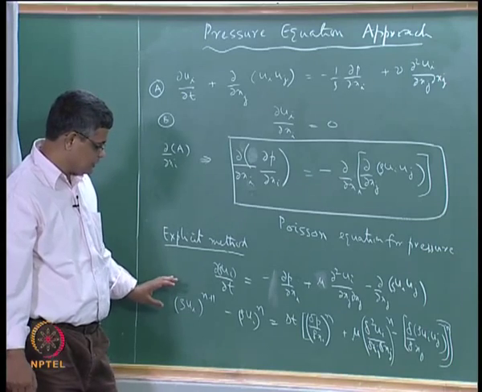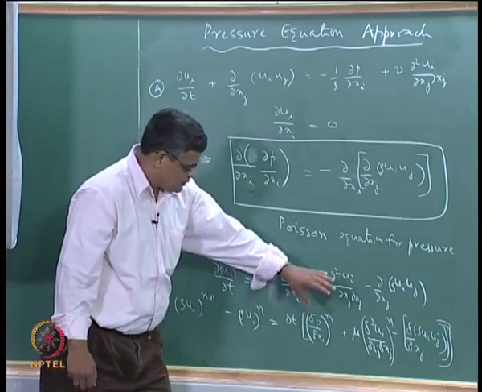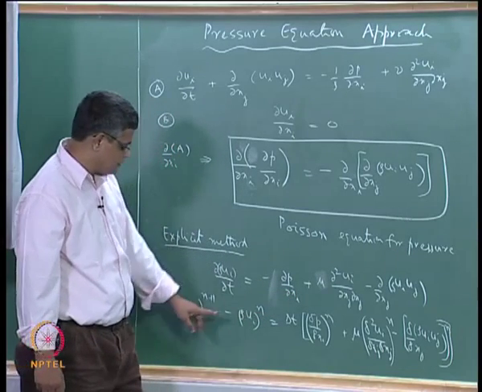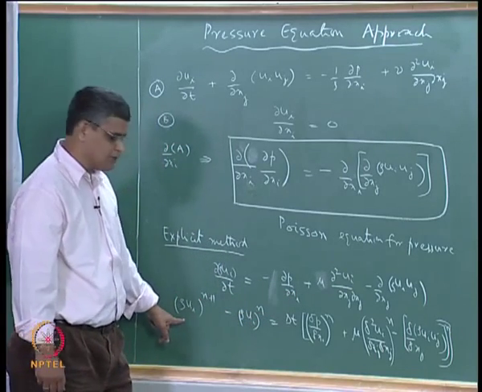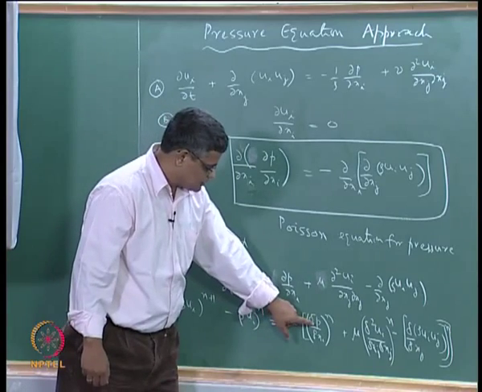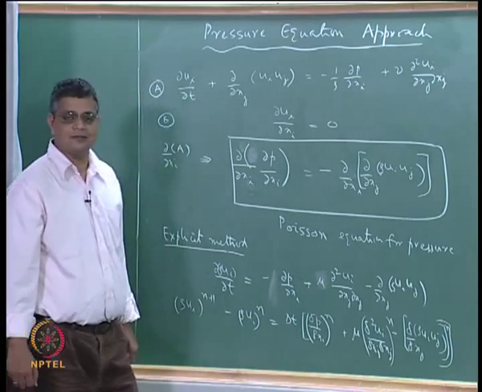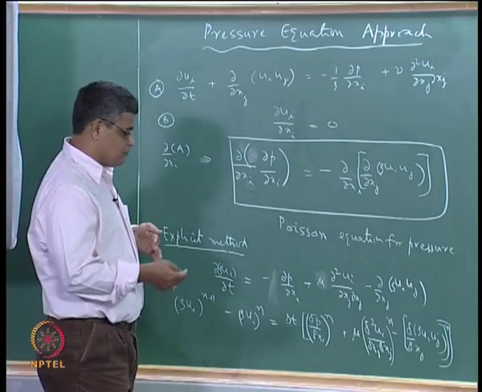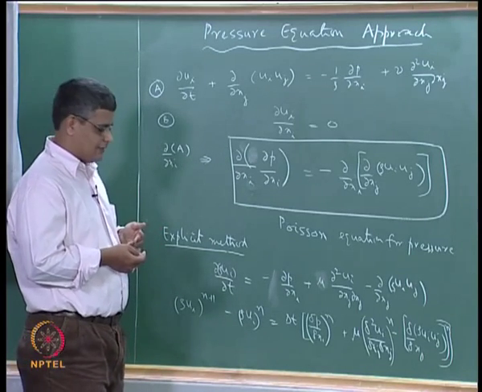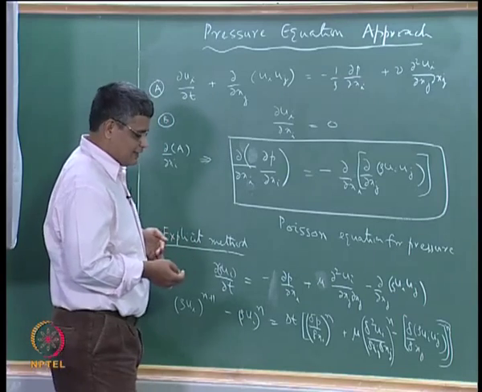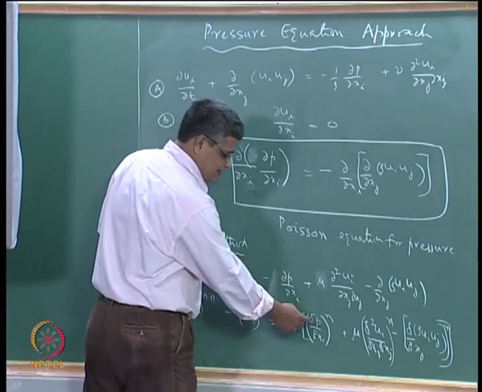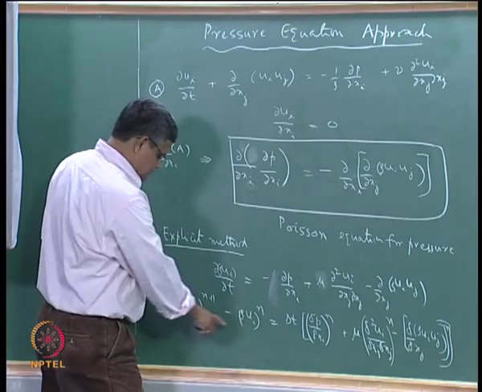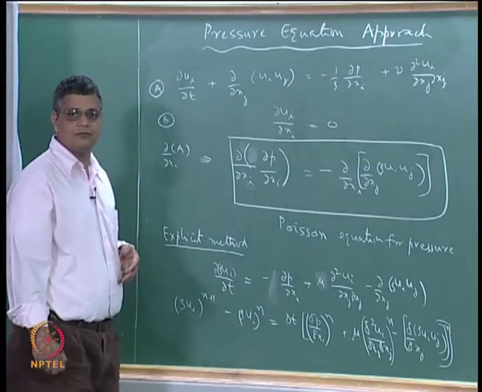Okay. So, we want to make sure that in using this explicit method to go from ui n to ui n plus 1, we put the correct pressure gradient here at n. So, the evaluation of pressure is now posed in such a way that when we put that pressure gradient at nth time step in this discretized equation, we get the correct evaluation of ui n plus 1. Okay.